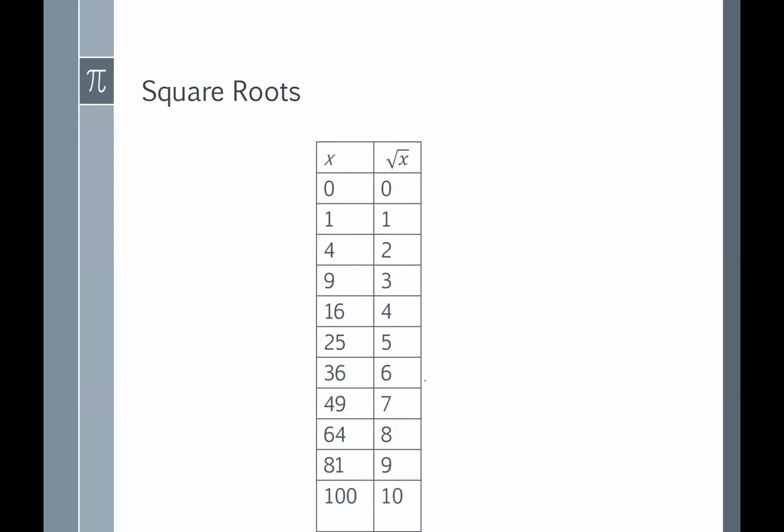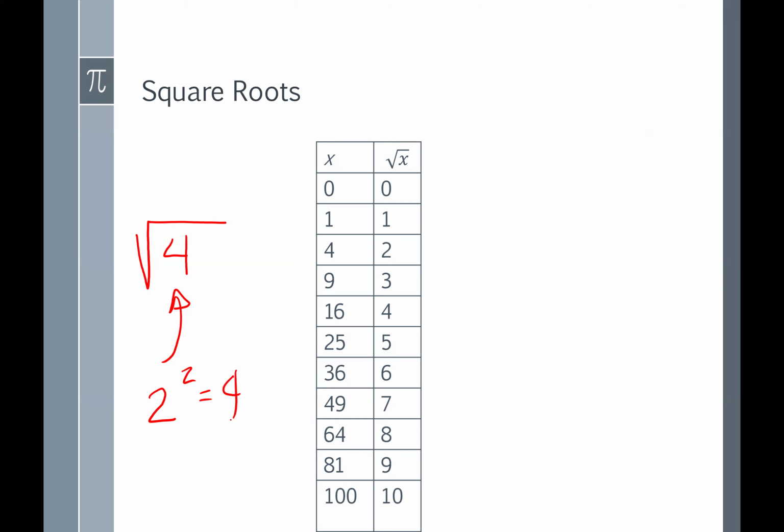Conversely, I think you should know what the square roots are. So what is a square root? Well, the square root is the number that you multiply times itself to get a value. So the square root of 4 means what is the number I multiply times itself to get 4. So that is what? 2, because 2 squared is 4.